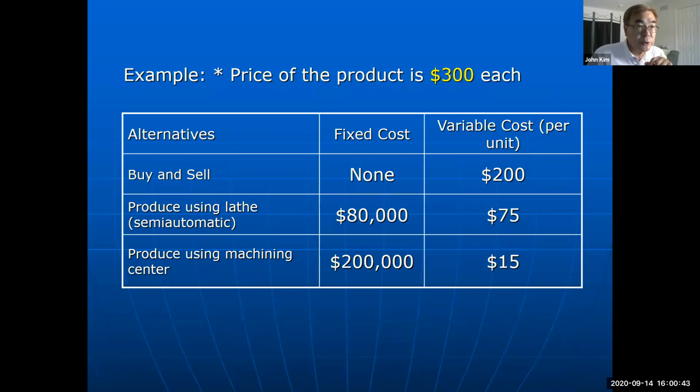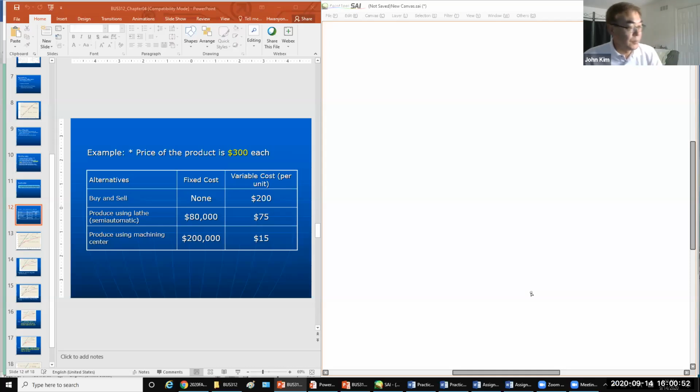So I will change screen. Okay, there are 3 options or alternatives. Then we need a total cost equation for each option.